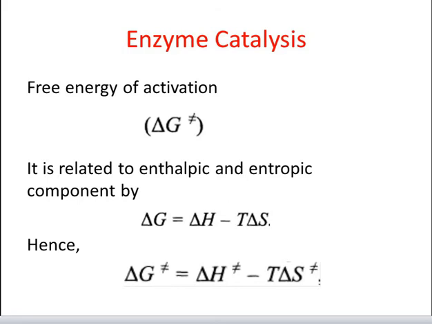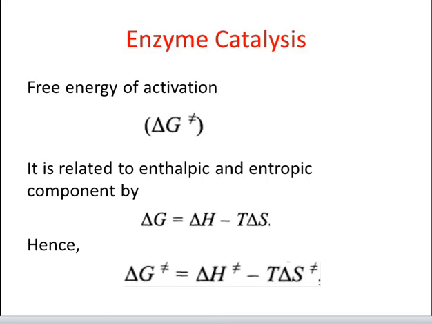Since delta G is equal to delta H minus T delta S, delta G‡ is equal to delta H‡ minus T delta S‡, where delta H‡ is the enthalpy of activation and delta S‡ is the entropy of activation. And so anything which decreases delta H‡ or which makes delta S‡ more positive will lower the value of delta G‡ and help the reaction proceed.